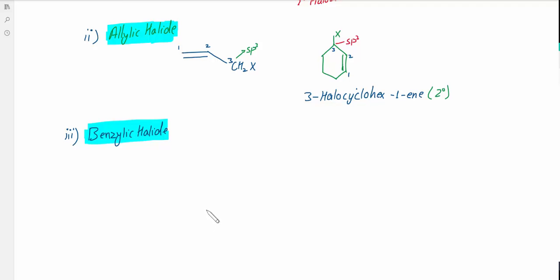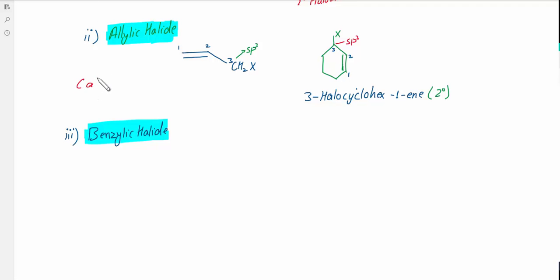The halogen is attached to an sp3 carbon in this category. So the benzene will be attached to an sp3 hybridized carbon atom, and that carbon atom is next to an aromatic ring. In the second case, the carbon atom is next to C double bond C. So let us write that because it is not written here.